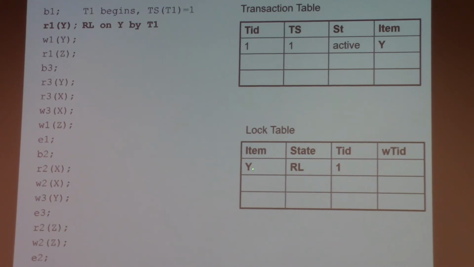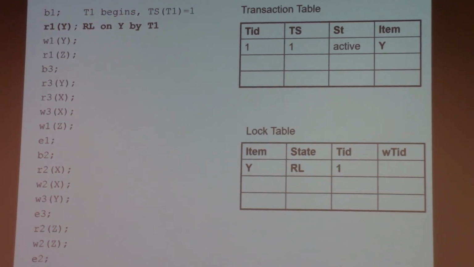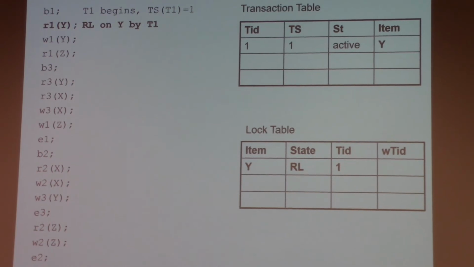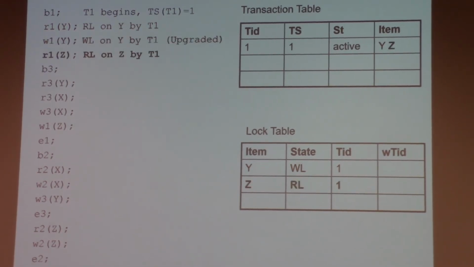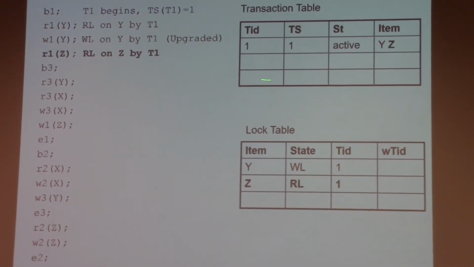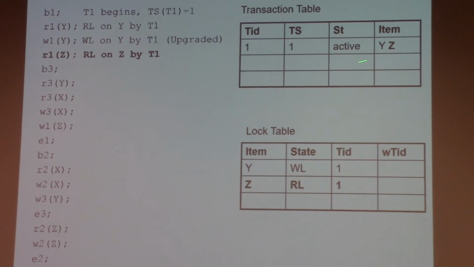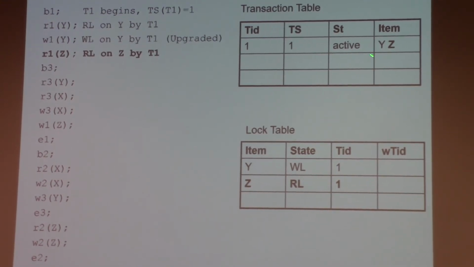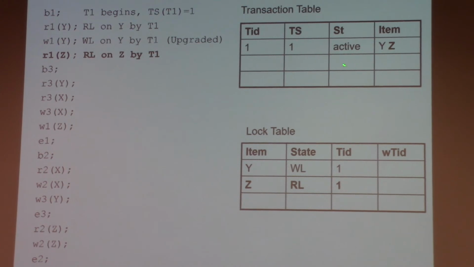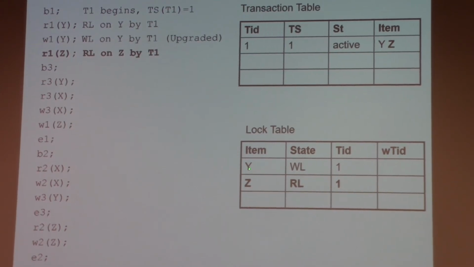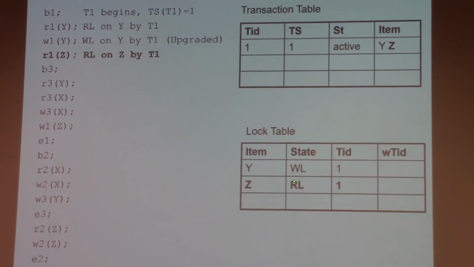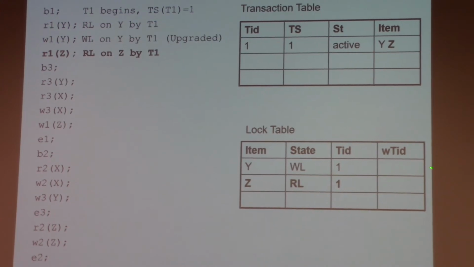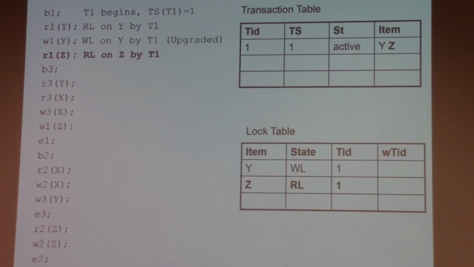So this is data item Y, read lock, held by transaction ID 1, and no other transaction is waiting for this item. Keep going, and you can update this: the transaction is currently holding 2 items and is active. Y is a write lock, Z is a read lock. No other transaction is waiting for the current lock.